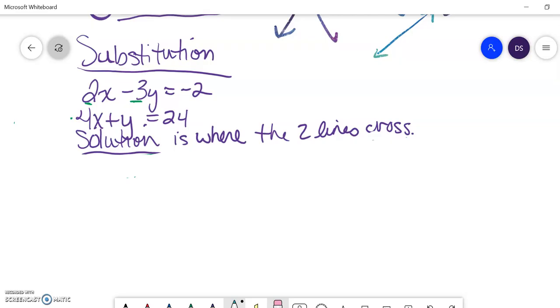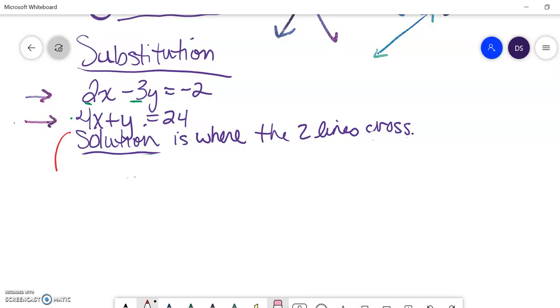Looking at this first example, it wants us to solve the system of equations by substitution. When you look at the x and the y in each of these equations, one of these four variables is very easy to solve for in relation to the other three.